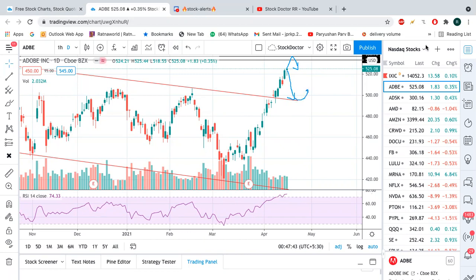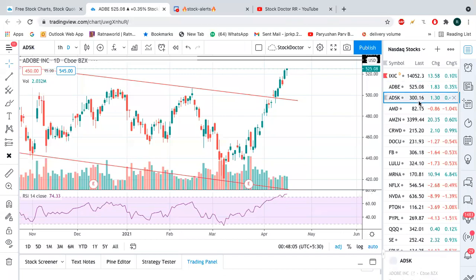So at this point of time, I am not a buyer. I won't be a buyer for this stock. If I have the stock in delivery, then I would think of booking some profits either at the resistance levels or the present levels.